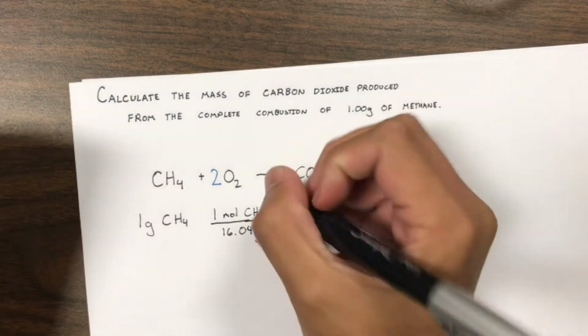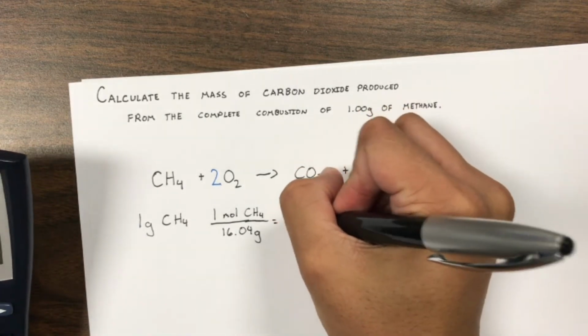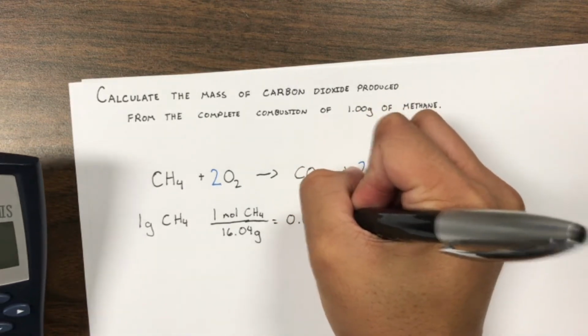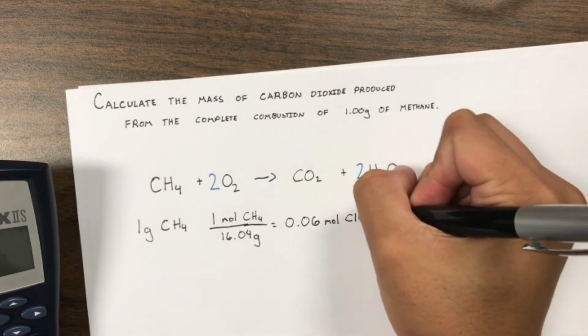Let's see, 1 divided by 16.04 will give me 0.06 moles of methane.